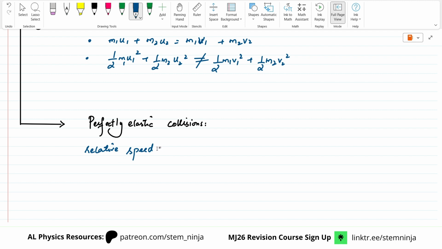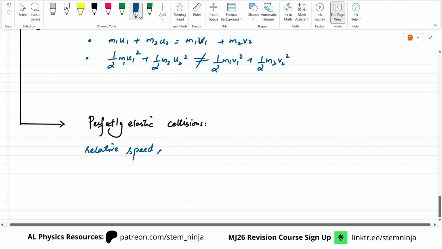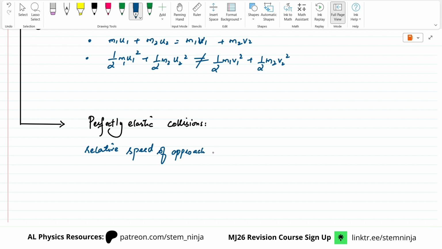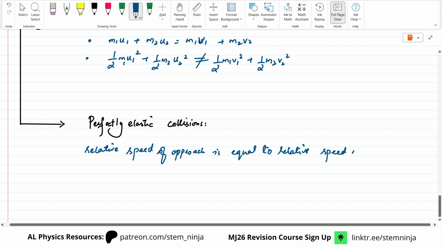speed of approach is equal to relative speed of separation.